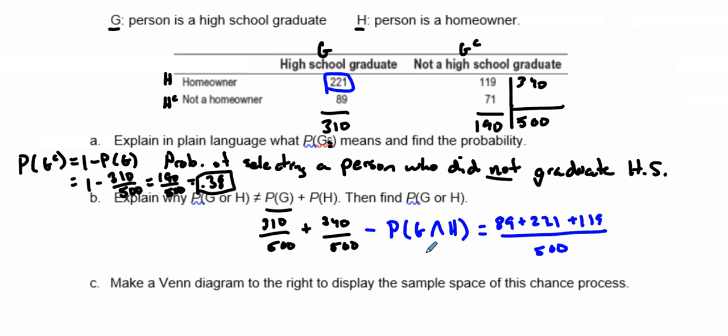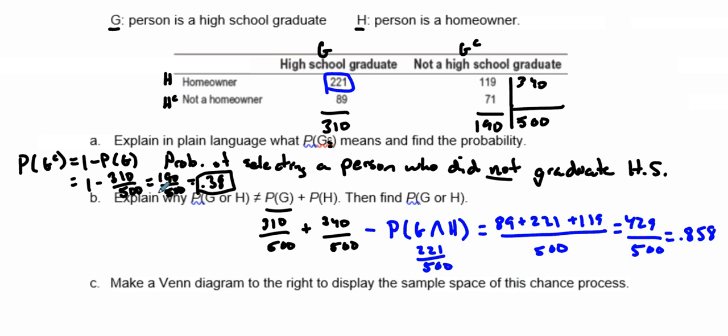In essence, we are taking out 221 divided by 500. What that gives us is 429 divided by 500, which is about 0.858. And that's why we have our example.